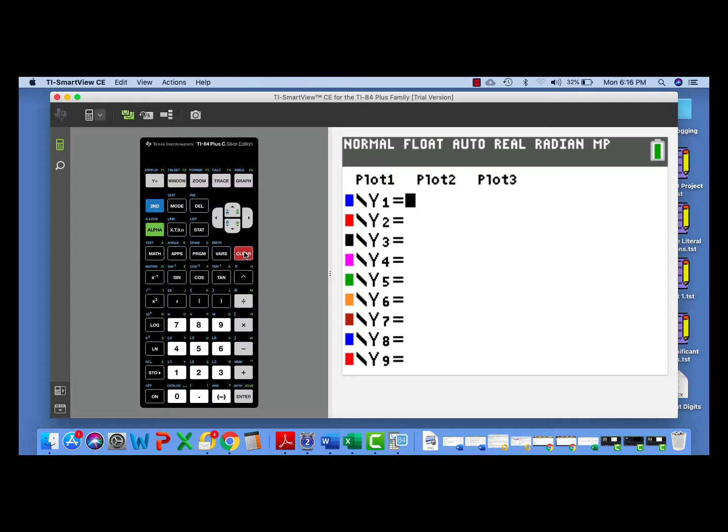So if I want to graph 1/2 secant of x minus pi over 6, that's going to be 1/2 times 1 divided by cosine of x minus pi over 6.